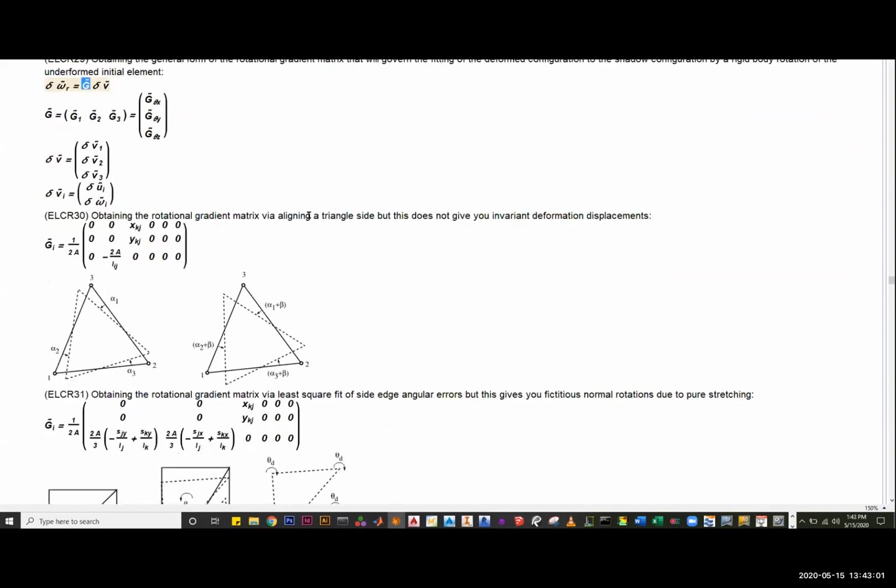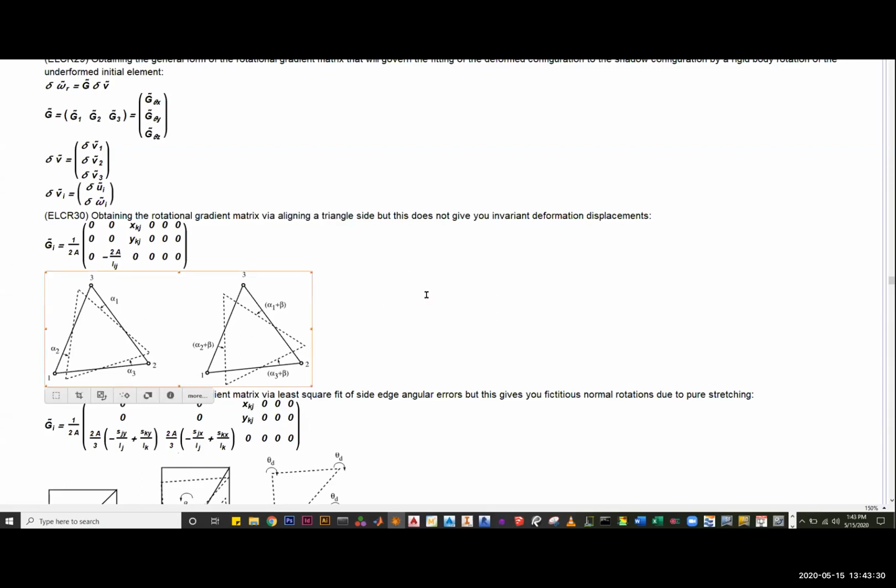So the first one is you could align each side of it, and here's just a pictogram of this. Just to explain, the dash lines are the shadow configuration, and the solid is the deformed. So you're trying to fit the dash to the solid, and this does it by aligning with the triangle sides.